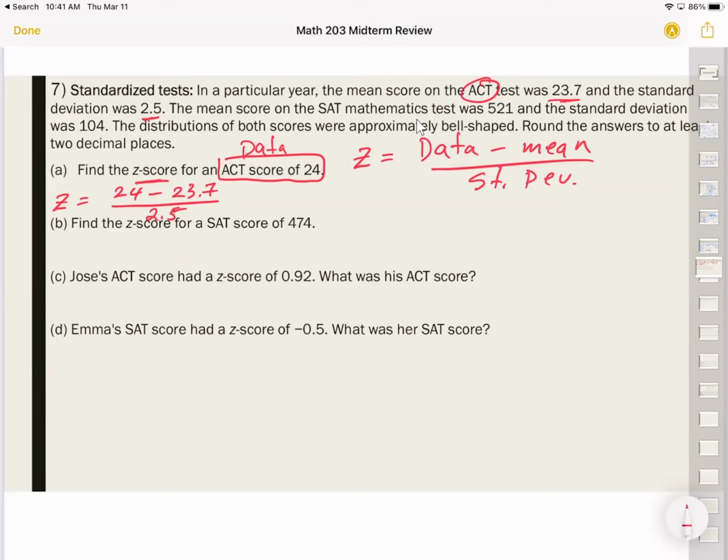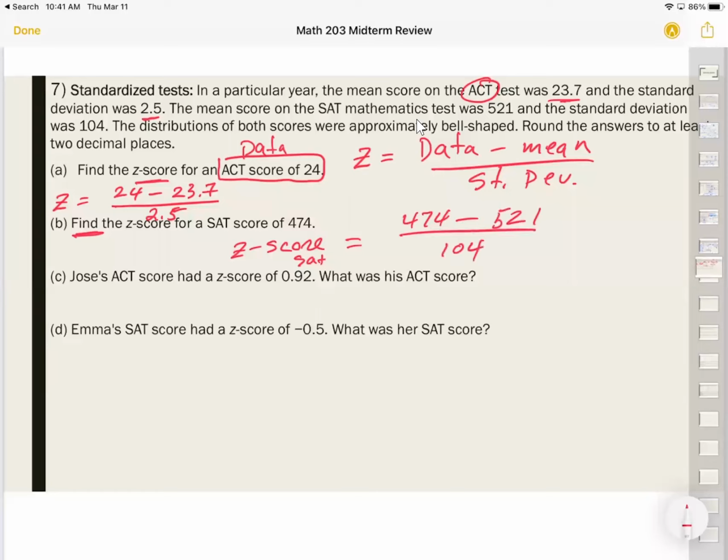This z-score will be positive, right? And for the z-score of the SAT, my data is 474 minus the mean of the SAT, which is 521, divided by the standard deviation of 104.